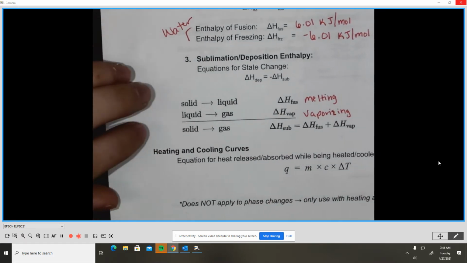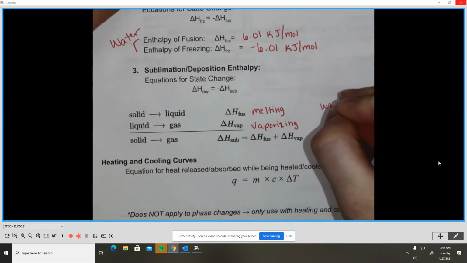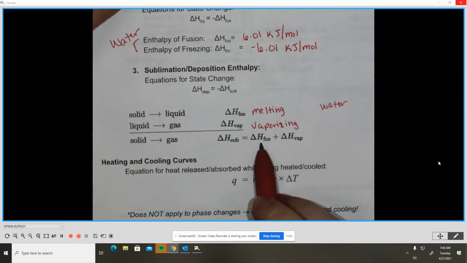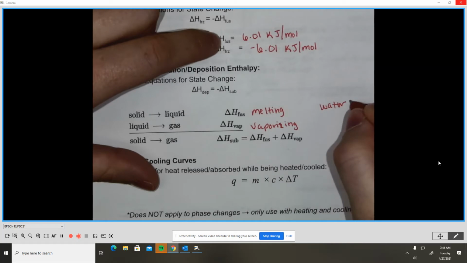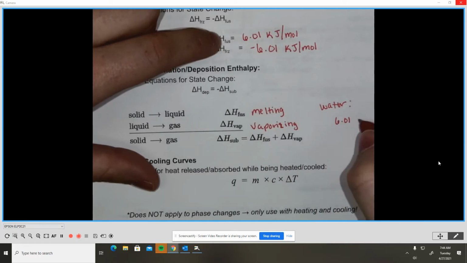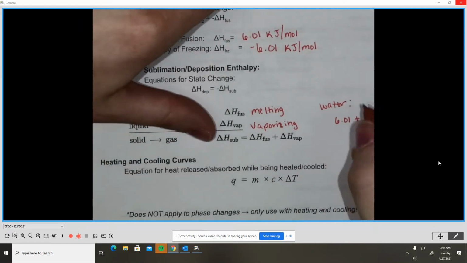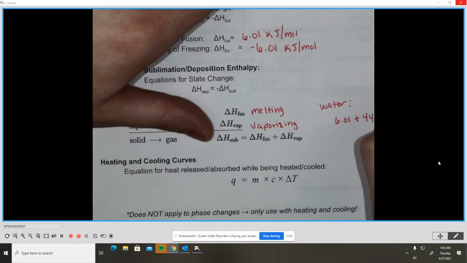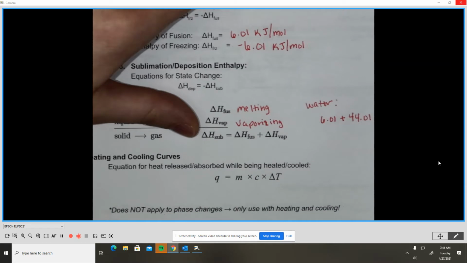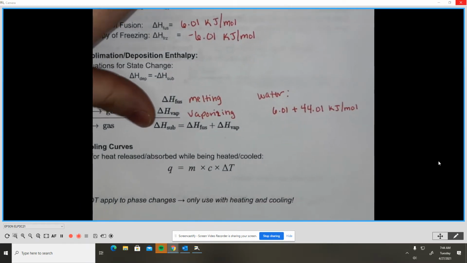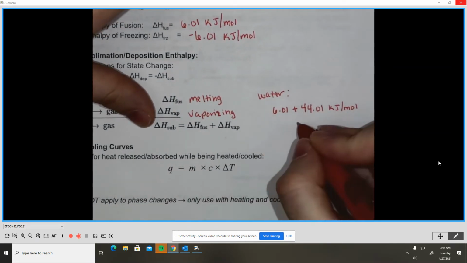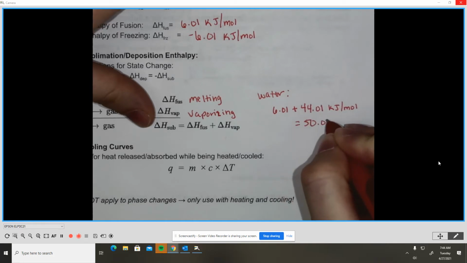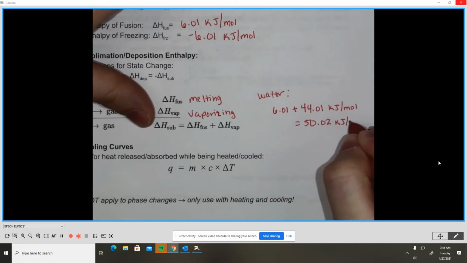So for example, for water, we're going to take water's enthalpy of fusion, which is 6.01, and add that to its enthalpy of vaporization, which is 44.01. And these are both kilojoules per mole. So 6.01 plus 44.01 equals 50.02 kilojoules per mole.